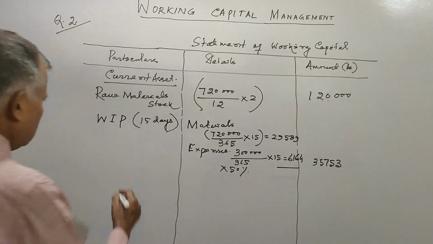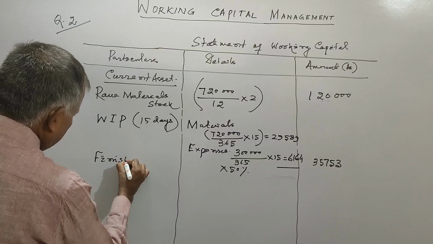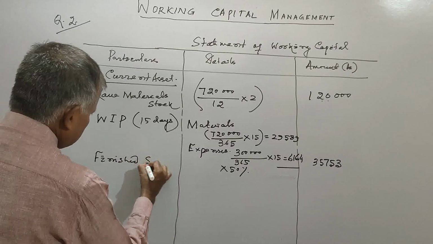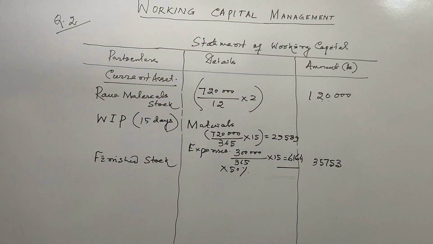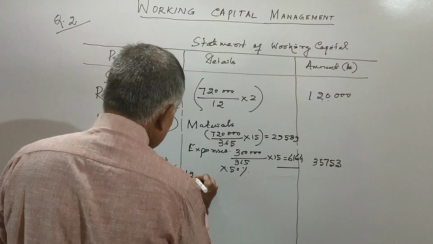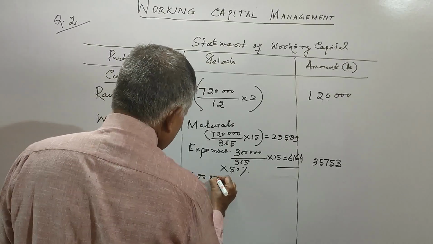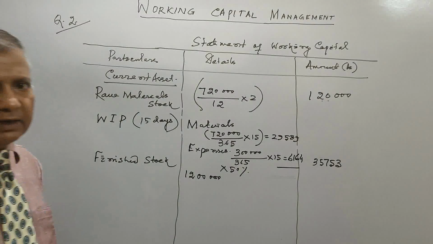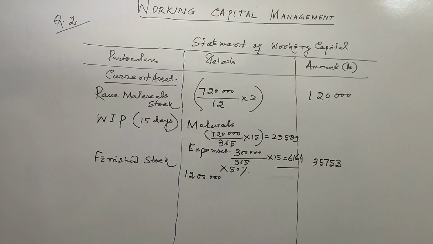So let us come to finished stock. This is your finished goods stock. In the finished goods, we know the cost of production is 12 lakh, but 12 lakh includes the element of depreciation.